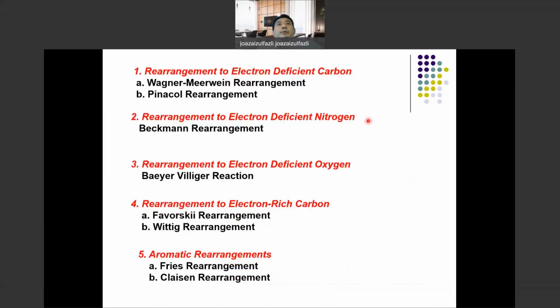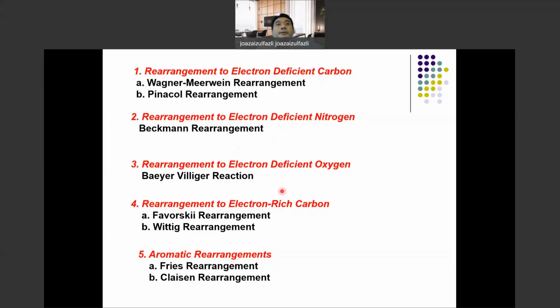Okay, so in this course, we are going to discuss five types of rearrangement. First, rearrangement involving electron deficient carbon, meaning carbon that lacks electrons, which is the Wagner-Meerwein rearrangement and pinacol rearrangement. Second, rearrangement to electron deficient nitrogen, like the Beckmann rearrangement.